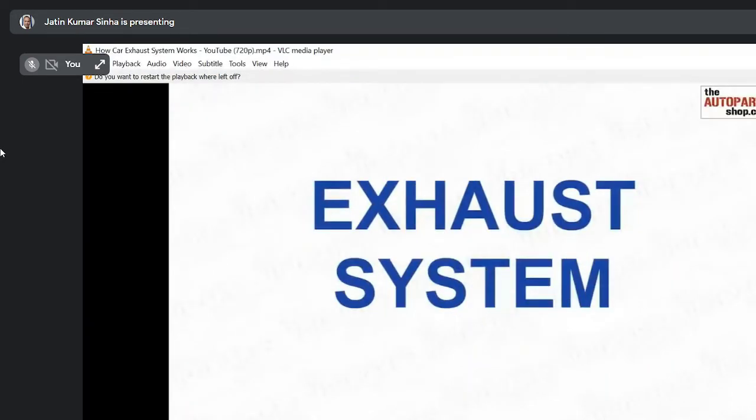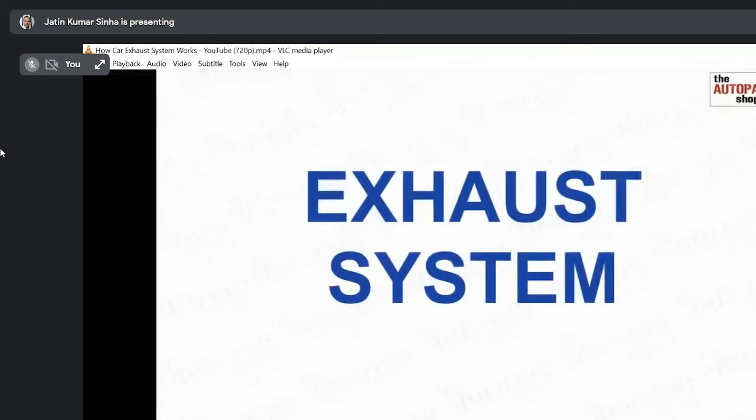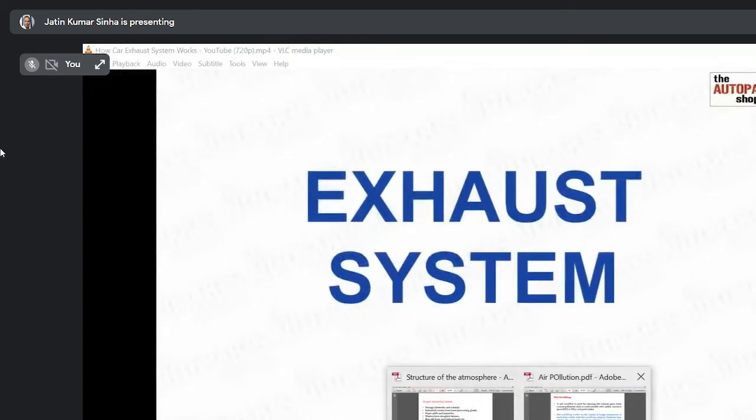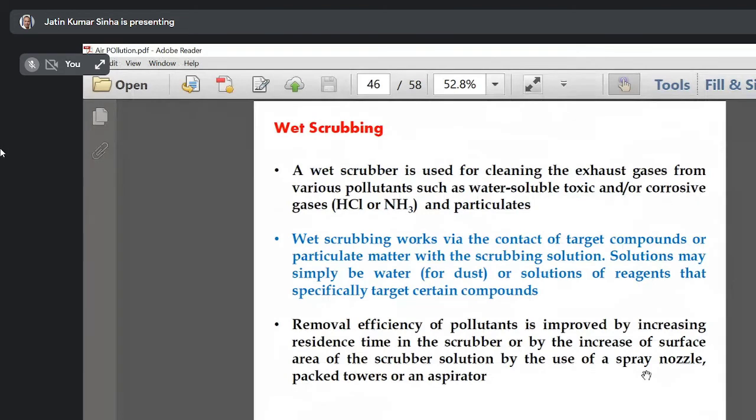So what happens here basically is that the exhaust air enters that system. Then they are exposed to some chemicals. If your pollutant is an acid, they expose that to some base material so that it will react with the acid material and get neutralized, and finally they are collected at the bottom of the system with water.